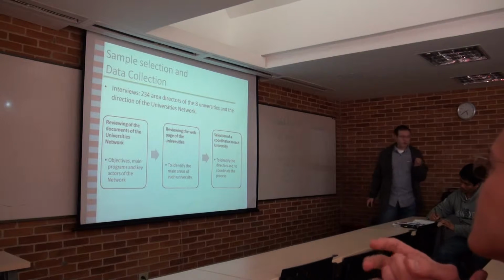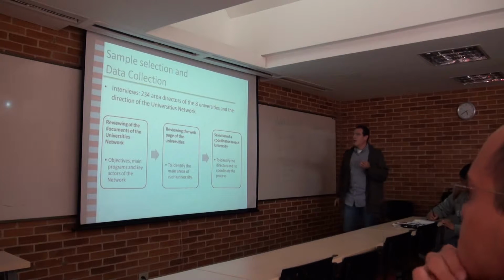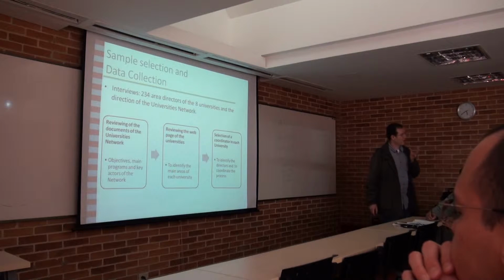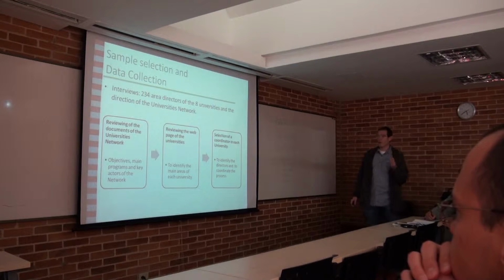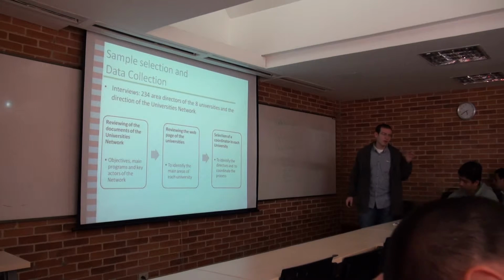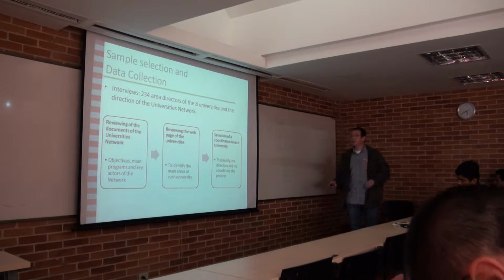The respondents were chosen by considering their position in their university area, and prior to collecting this information, the directors of areas were informed about the study by directors of the university through an informed consent letter.